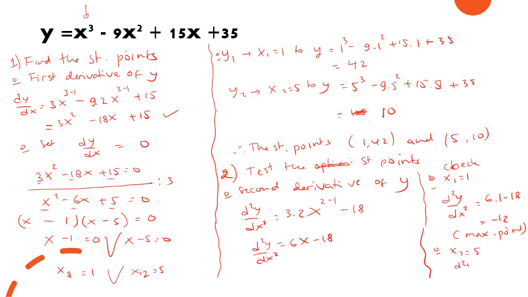So d squared y over dx squared will be 6 times 5 minus 18, that is 12, positive, and so this is a minimum point. So (1, 42) is a maximum point, and (5, 10) is a minimum point.